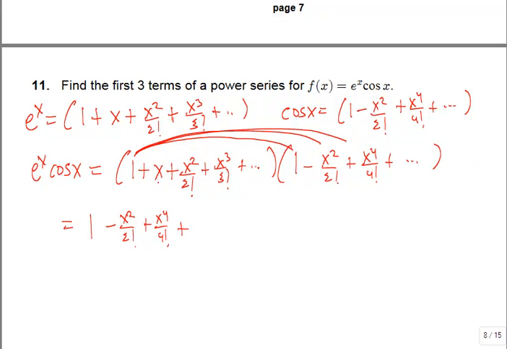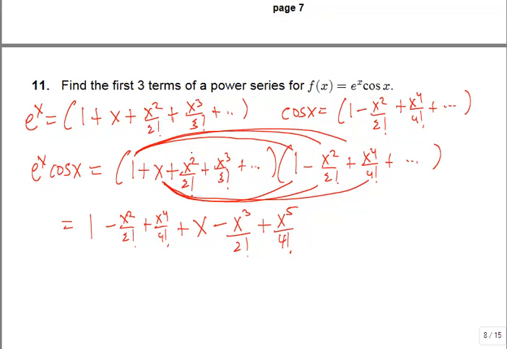So if I distribute my x times 1 will be x, times a negative x squared over 2 factorial will be a negative x cubed over 2 factorial. And then an x times an x to the 4th over 4 factorial. This is probably too large, but I'll just put it in anyway. X to the 5th over 4 factorial.